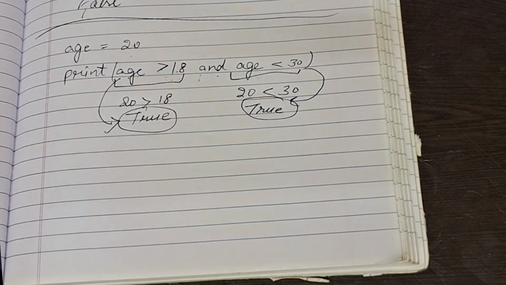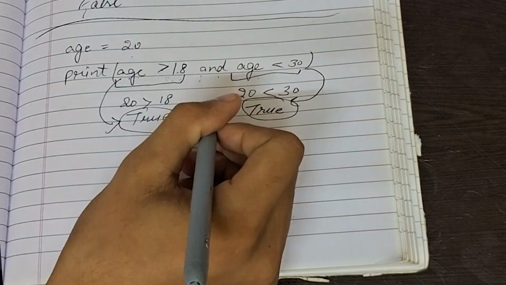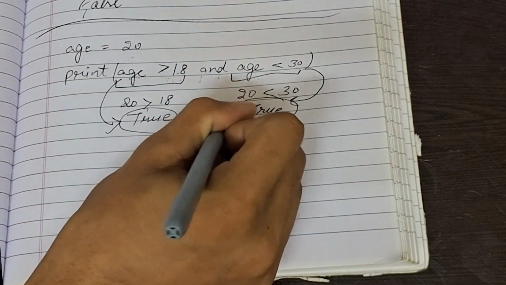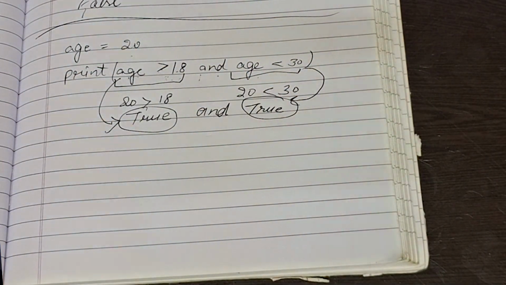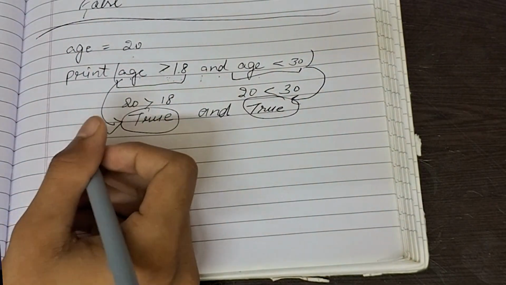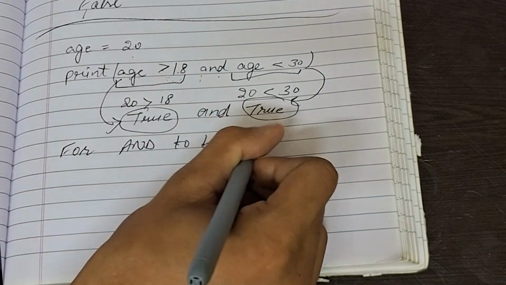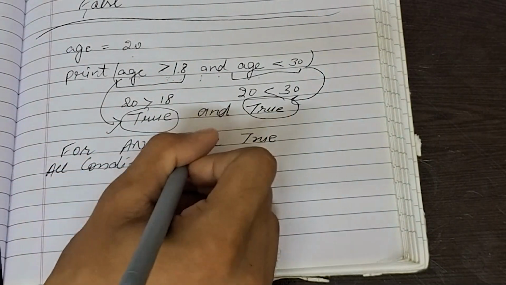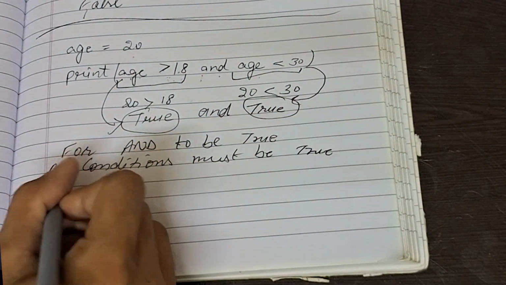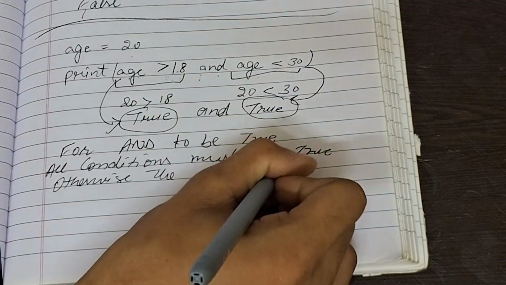So true and true. We have seen that for and we need both the conditions to be true. So for and to be true, all conditions must be true. Otherwise, the result is false.